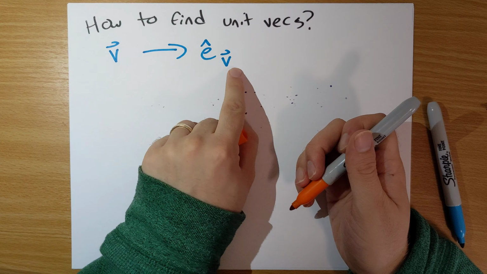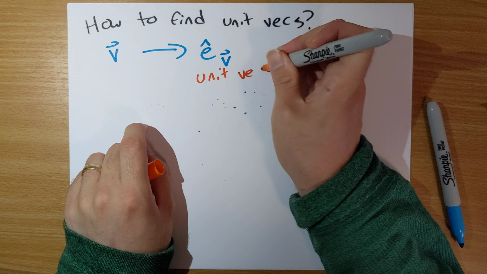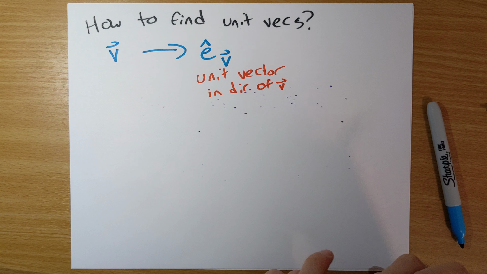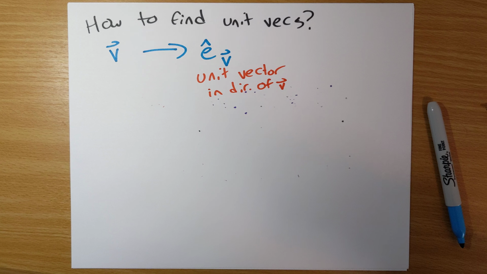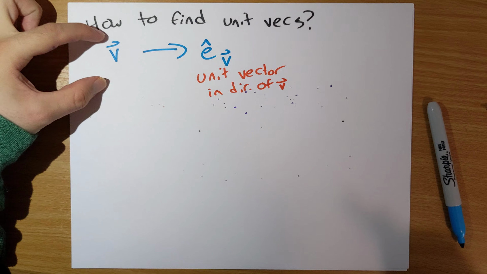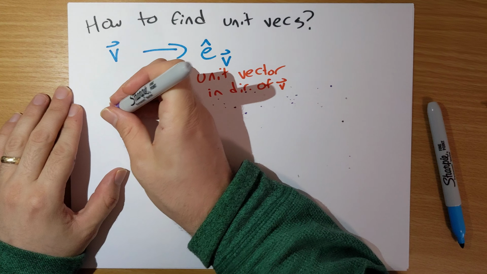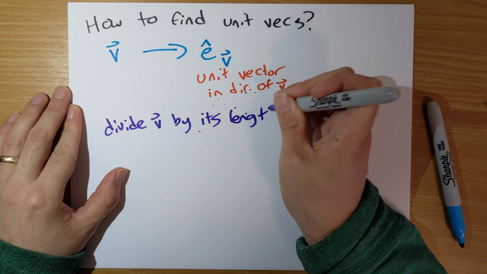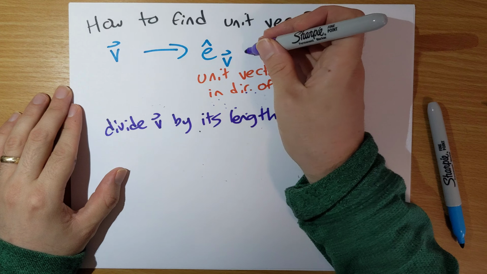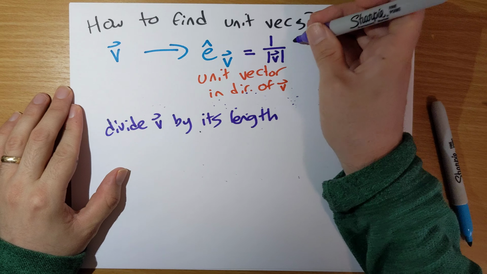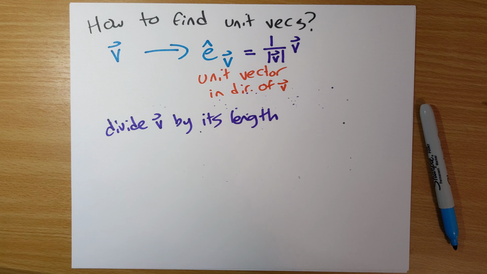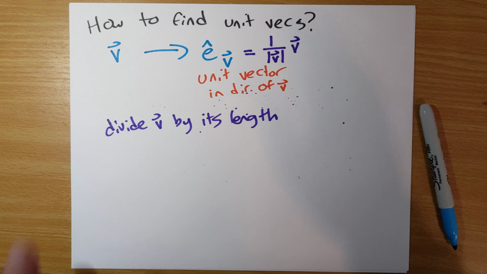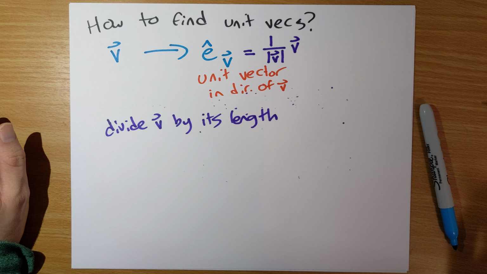By the way, this little notation here, E sub v, unit vector in the direction of v, is not in the book, but I think it's useful notation here. Basically, what you do is you take any vector v and divide by its length. So our formula for E sub v would be 1 over the length of v times v. We don't want to divide by 0, but other than that, this will work for any non-zero vector.